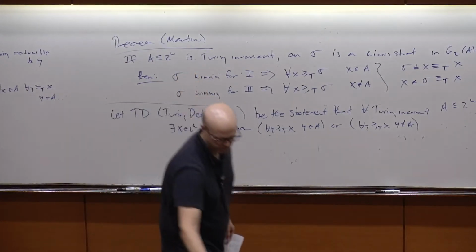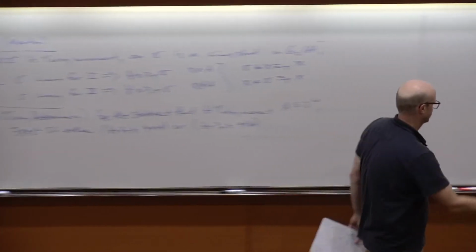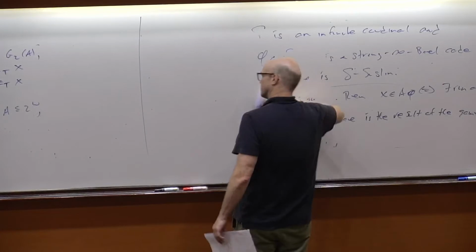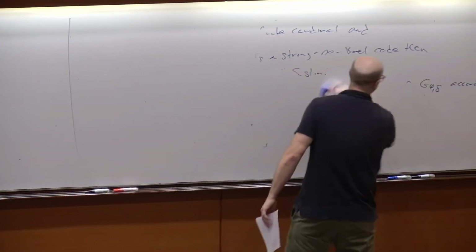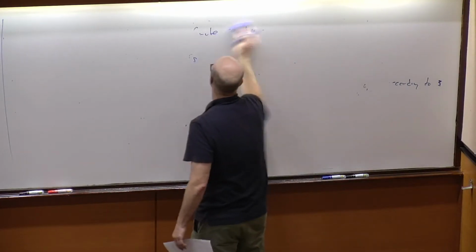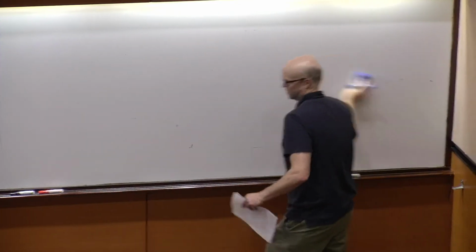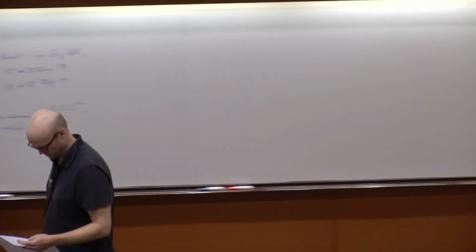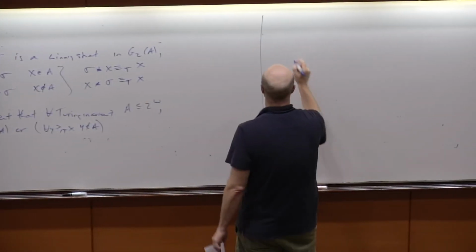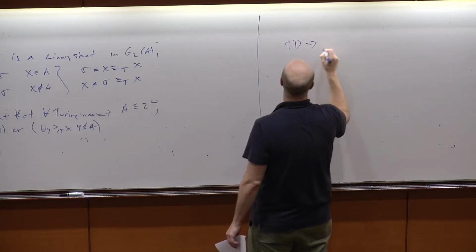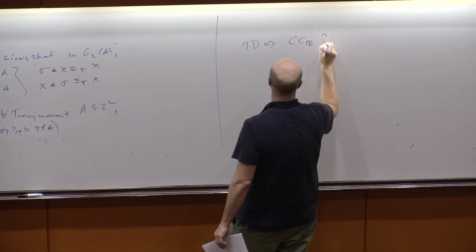Now, it's apparently an open question. There's a question what the open question is, but it's actually not clear to me. So here's something I don't know: does Turing determinacy imply countable choice for reals?